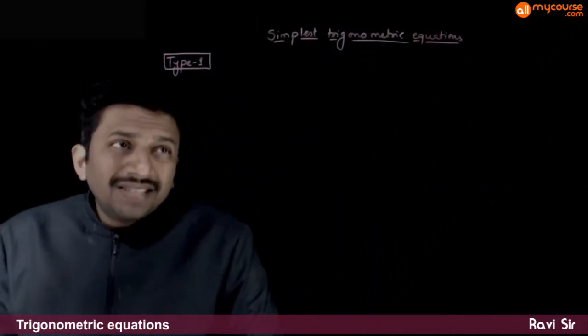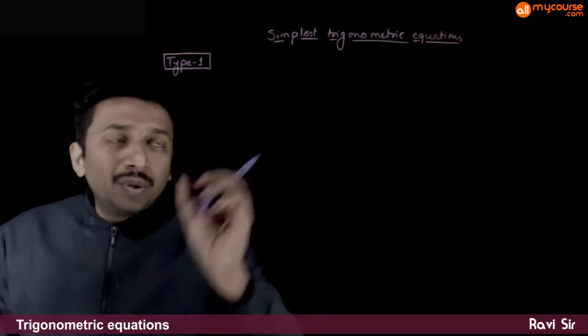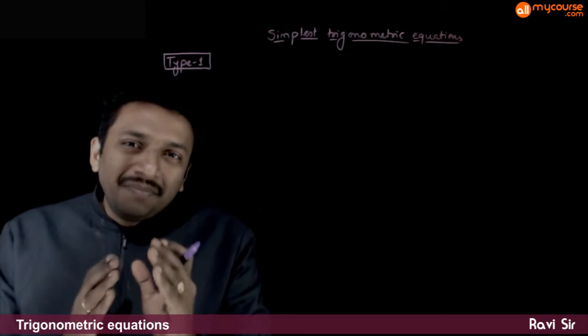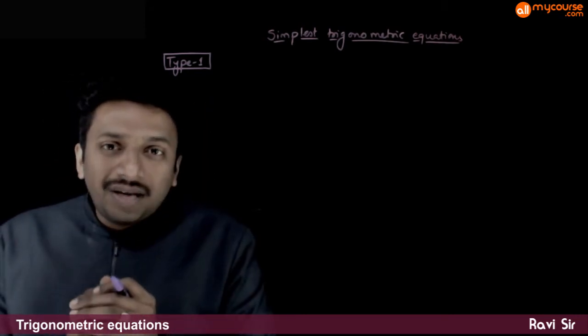So in this video, let us look at very simple trigonometric equations. There are three types of simple trigonometric equations. Let us go for type 1.